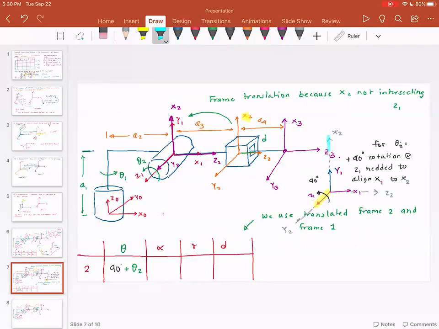It is over here, and z2 can only be matched by plus 90 degrees.